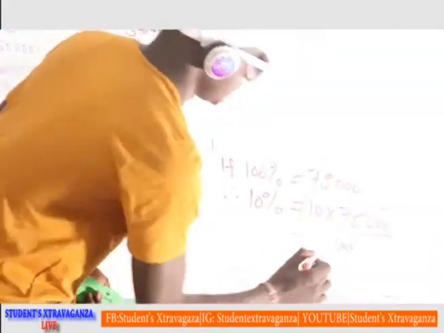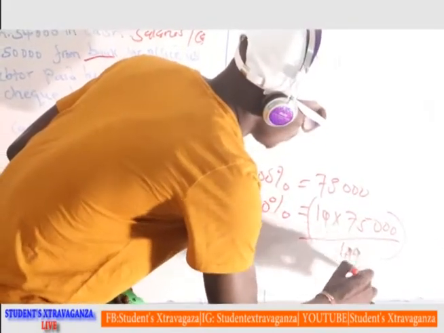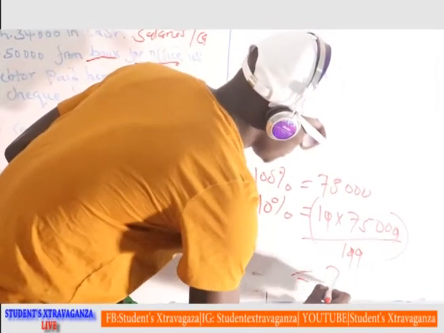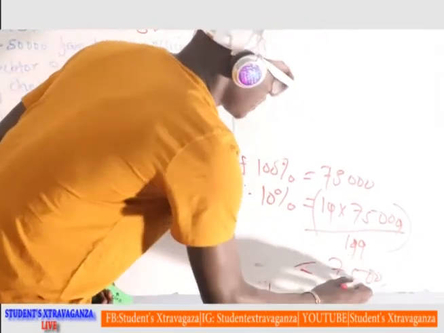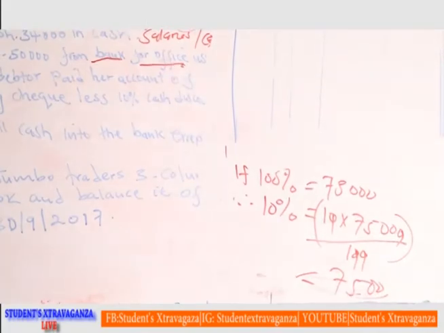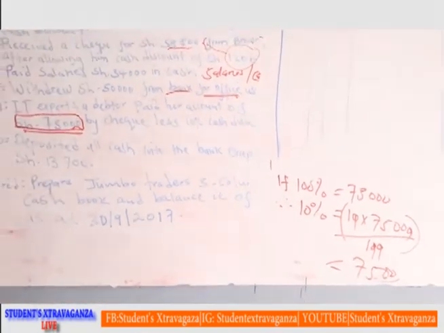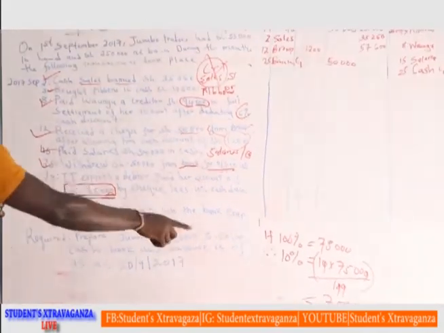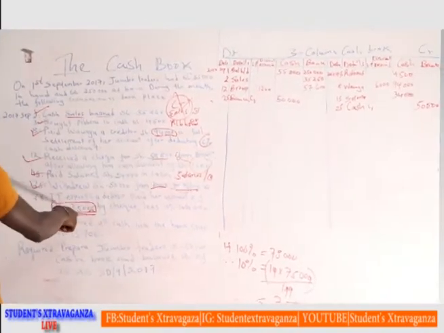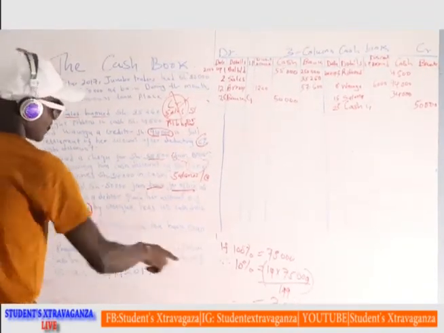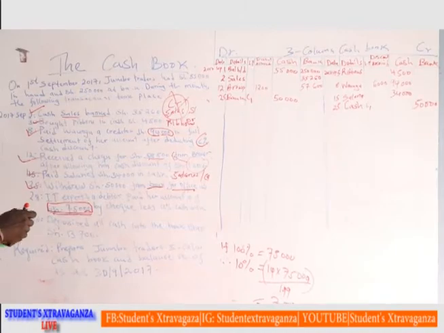Let's determine the discount that was allowed. This becomes 7,500 cash discount. So IT experts paid this amount: 75,000 less 7,500 cash discount.